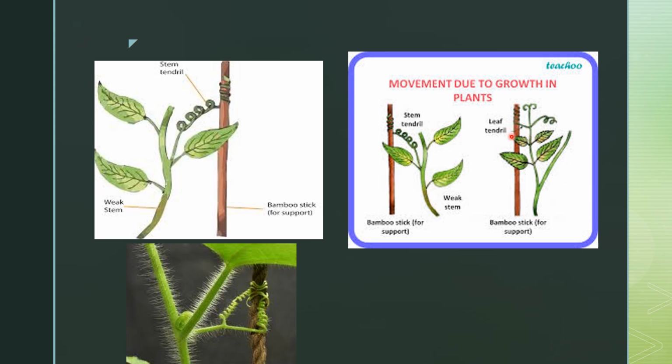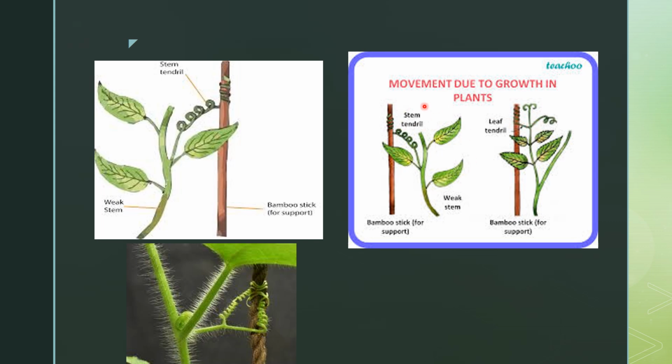Okay, so we have a leaf tendril and also we have a stem tendril. The leaf tendril rises from the position of the leaf in the normal situation. As in this picture you can see, these are the leaves arranged on the stem, and these two tendrils should be leaves, but they got modified to tendrils.